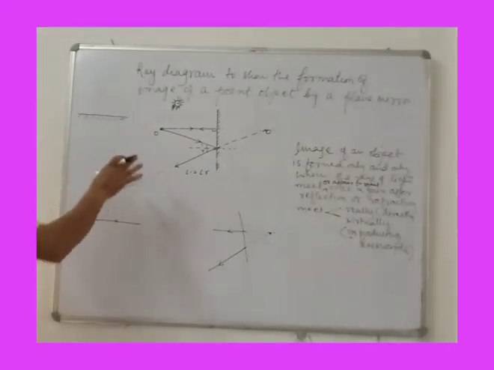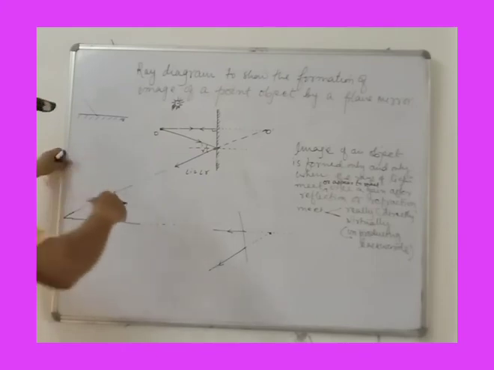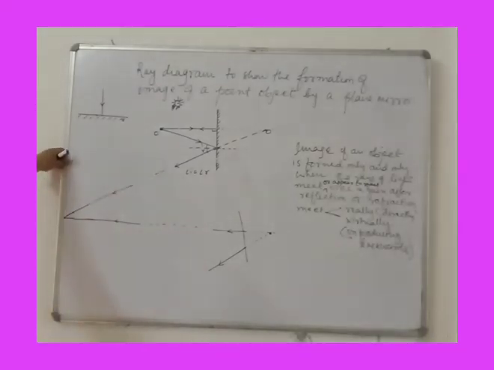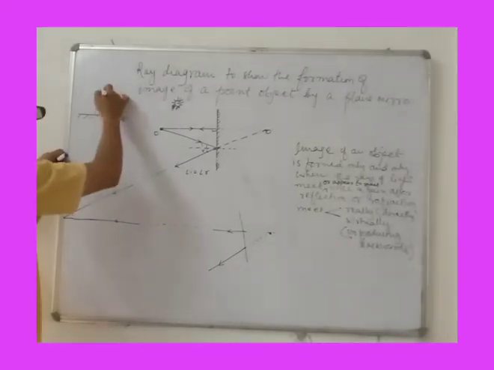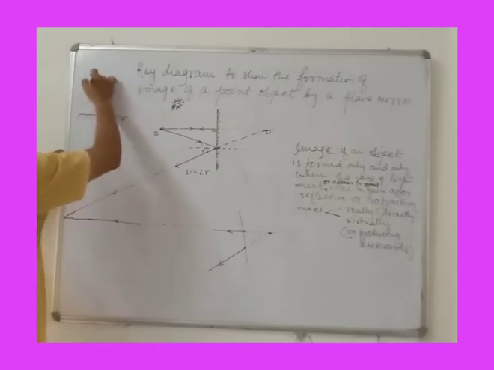In the previous diagram, we took slanting rays. But now I will take a straight, vertical ray. Normal is here and the incident ray is also here.